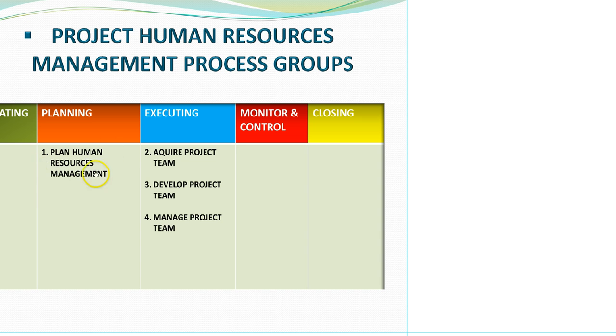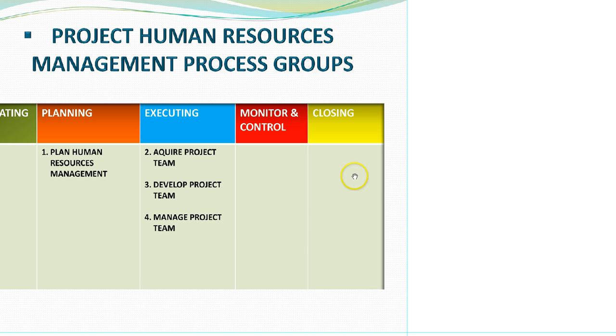The first process, which pretty much remains the same throughout your PMBOK 5 guide, is the planning, where you plan human resource management. That's the first process. And the second, third, and fourth processes are: acquire your team who's going to work on the project, develop the team, and then manage them.